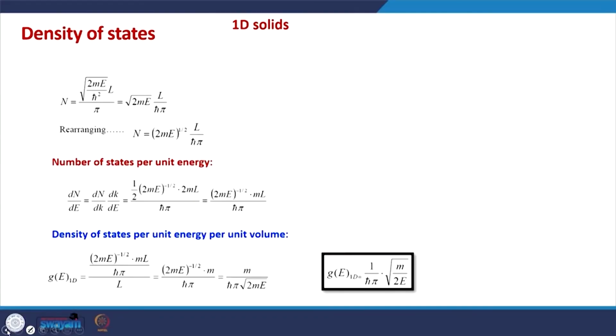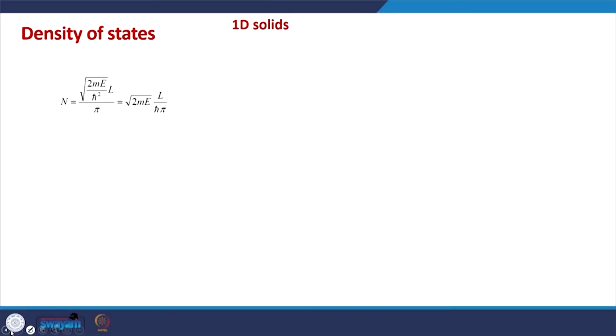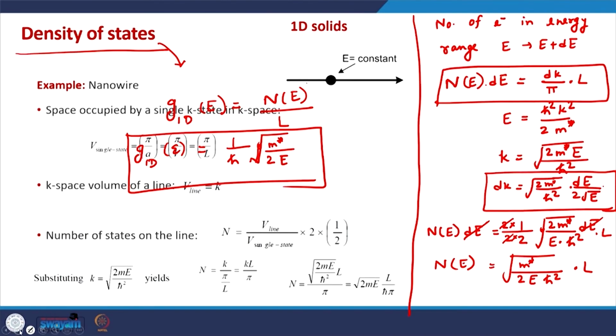Okay. And you might have quickly noticed that there is, I guess, a factor of pi as well there, which we missed here. So, dk, yes, so there is a factor of pi in denominator which would come from here. So, 1 by pi, and it would be ultimately 1 by pi.